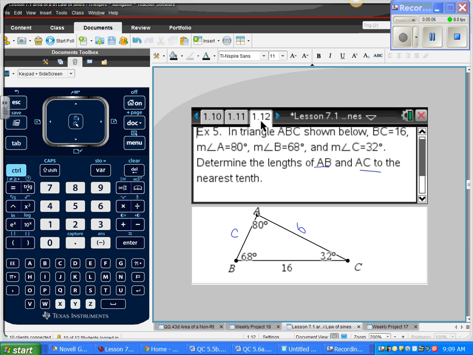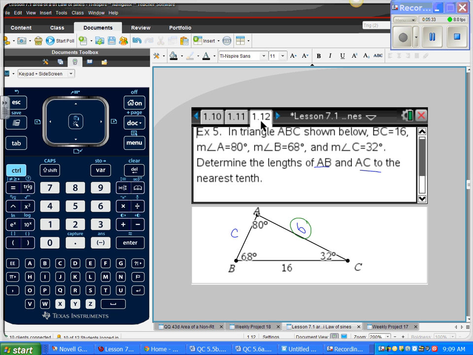All right, now which one do you want to solve for first? It's up to you. You pick. B. Let's solve for b first. All right, so now the goal is to find b. Law of sines is all about opposites. Okay, so we want side b. We have angle B. What other side do we have? a.